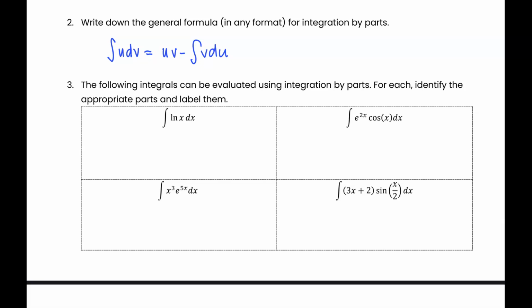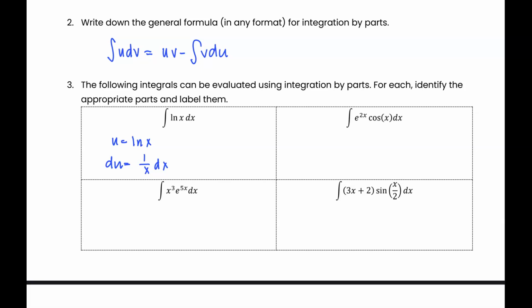All right, and then we have lots of ways. And number 3, I typically will give you questions that will fall nicely into the LIATE or LIPET sort of acronyms that will help you. I guess they're not acronyms, they're initialisms, that will help you figure out what to use for your u and your dv. So if we just have ln, this is the question we just saw in number 1, we want to set that as our u, because the magic thing is when you take the derivative of a logarithmic function, you end up with an algebraic function out, which is really lovely.